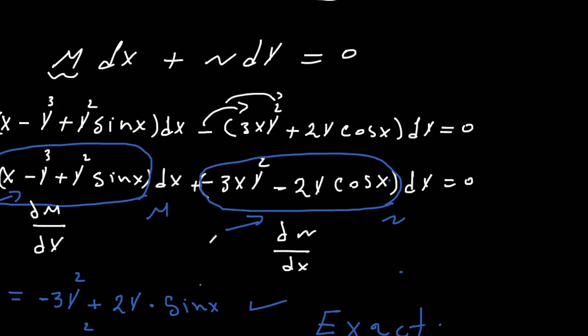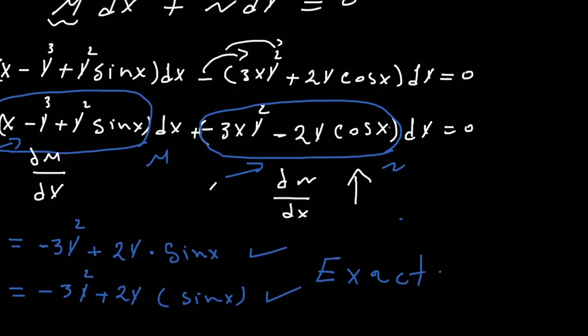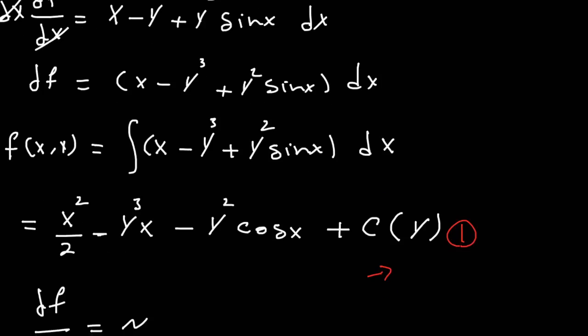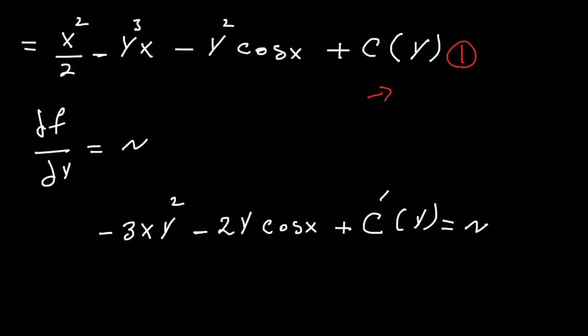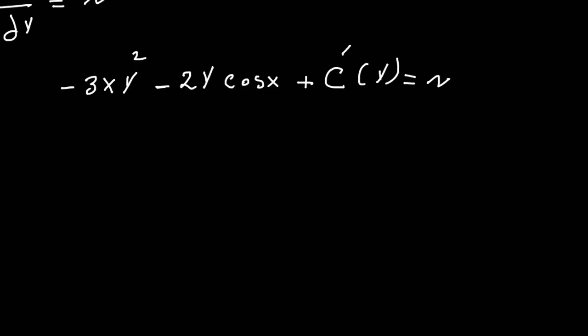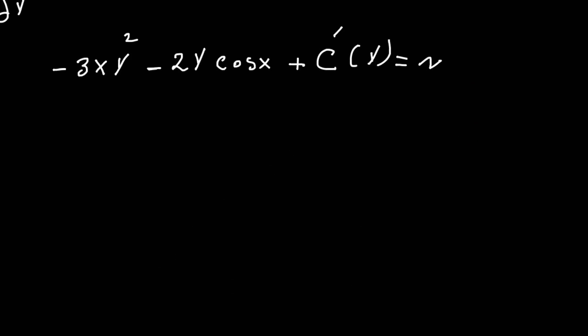Well, there you go. This is our n, right? So my n is minus 3x y squared minus 2y cosine x. That's our n. So we will have to set this equation to be equal to n.